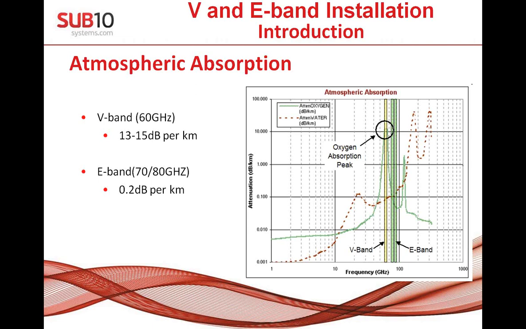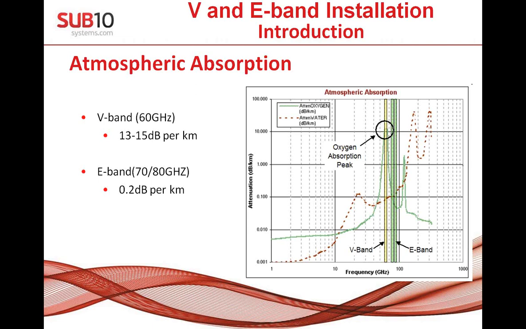Just to explain what is really important, and this is also the explanation why V-band links are much shorter than E-band. You see on this graph, going back to the previous colors, if you look at the yellow column, it's a 60 gigahertz signal, which is V-band, and you see there is a very big absorption or attenuation coming from the atmosphere.